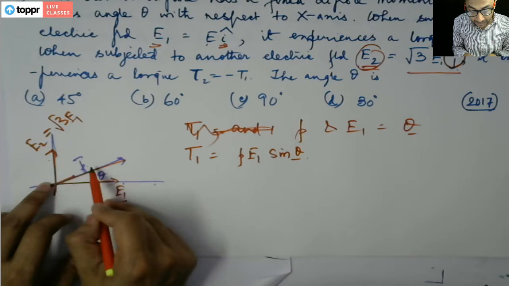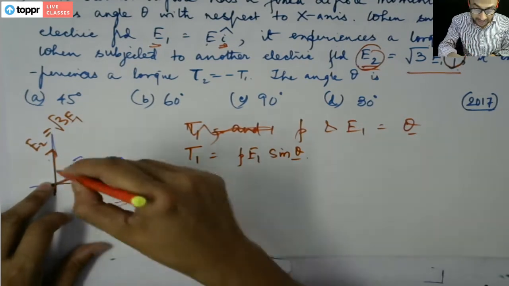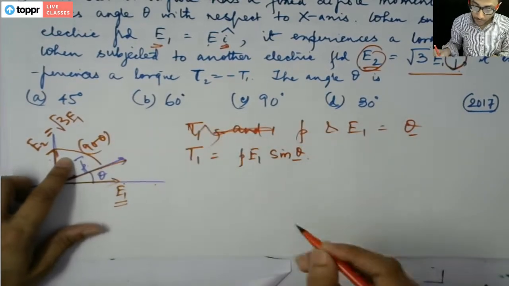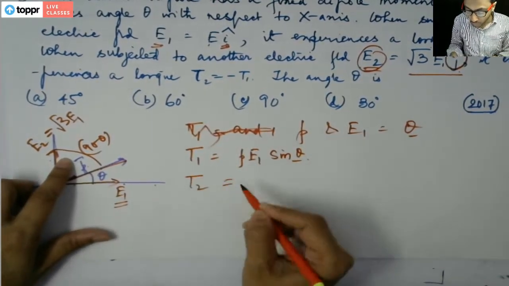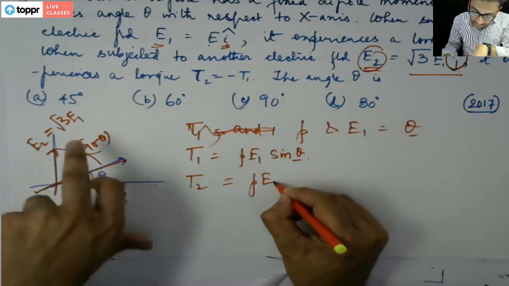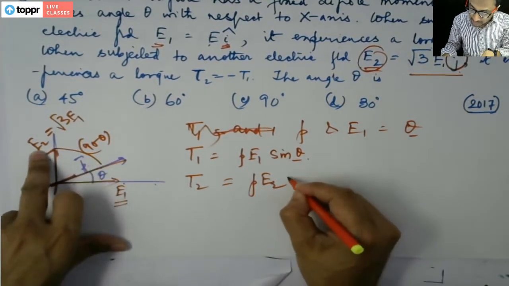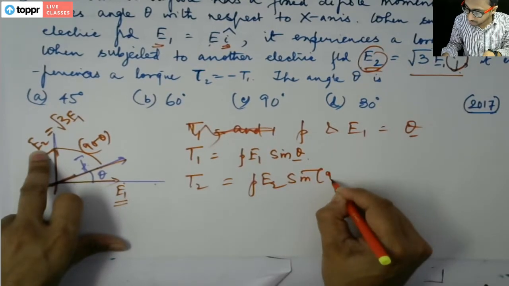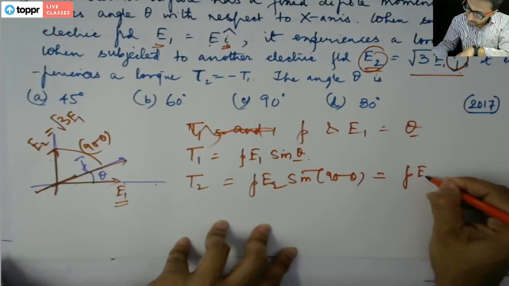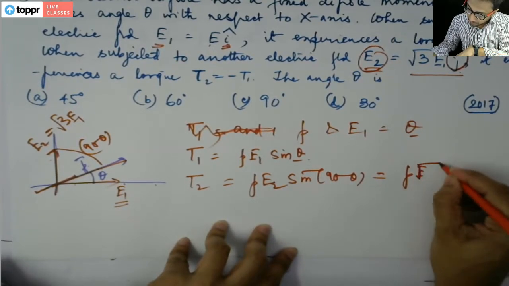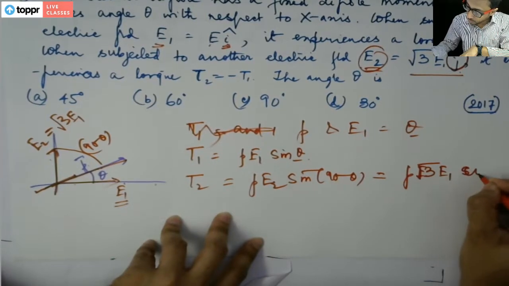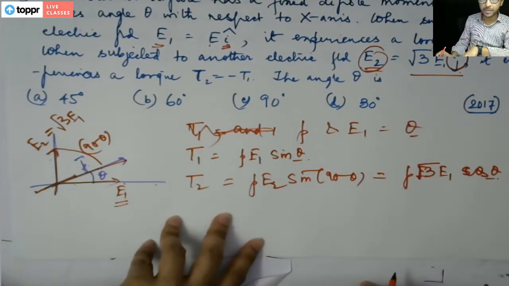So what is the angle between the dipole and the electric field? It is 90 minus theta. So the torque T2 is nothing but P E2 sine of 90 minus theta. That is P root 3 E1 cos theta. Understand?